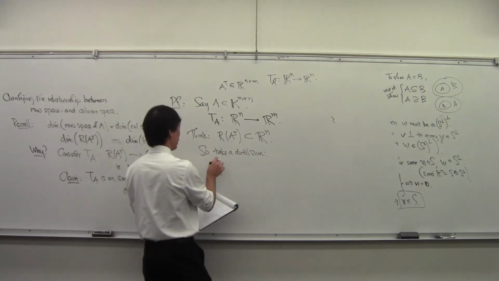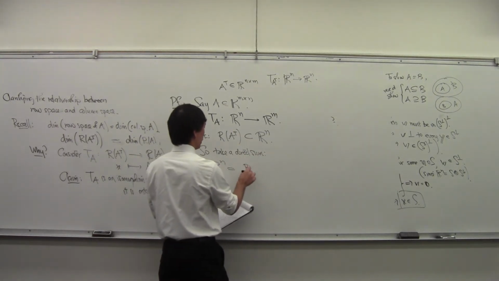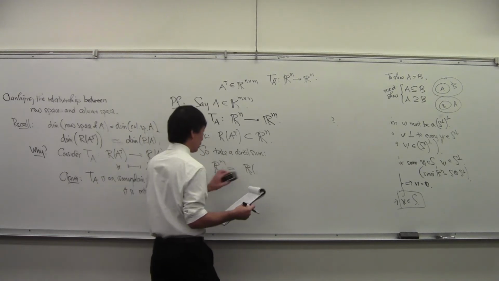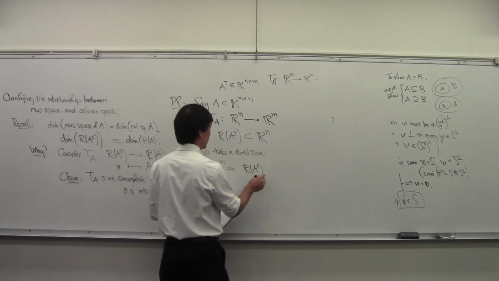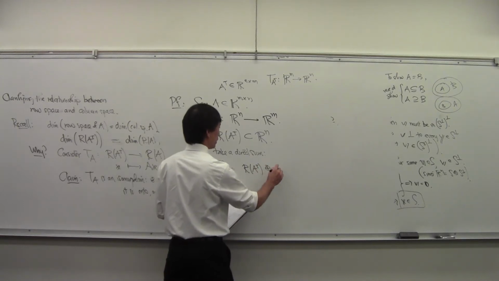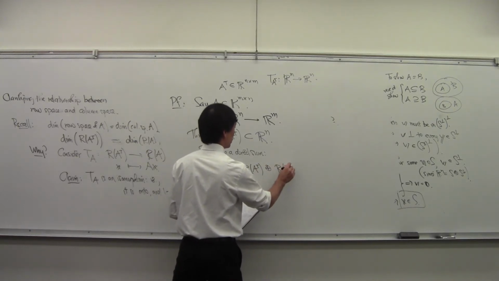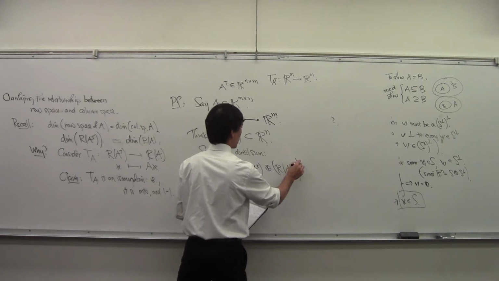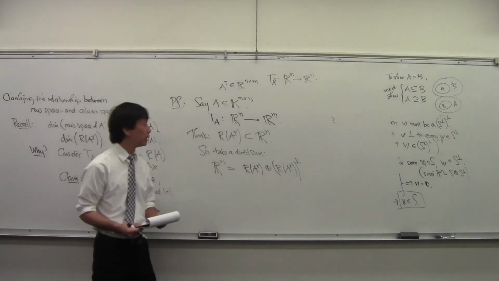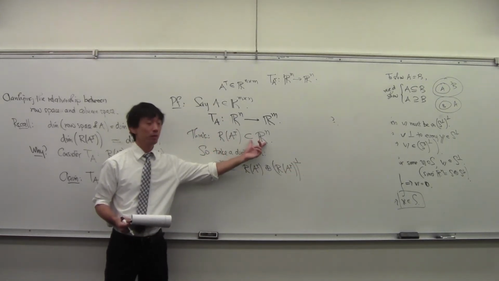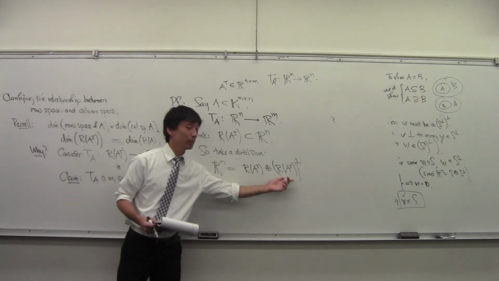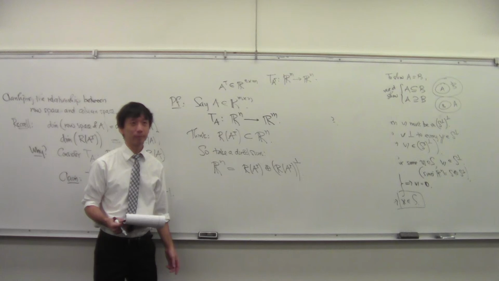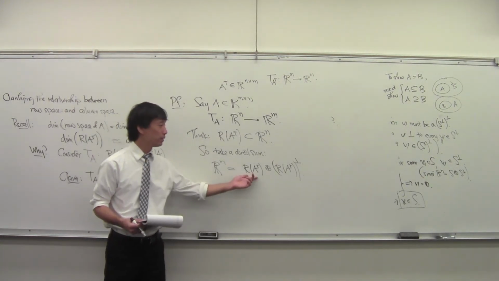Rn we can express as the range of A transpose plus the range of A transpose perp. You've got a subspace, so you can decompose Rn into that subspace direct sum its orthogonal complement. This is your S, this is your S perp.